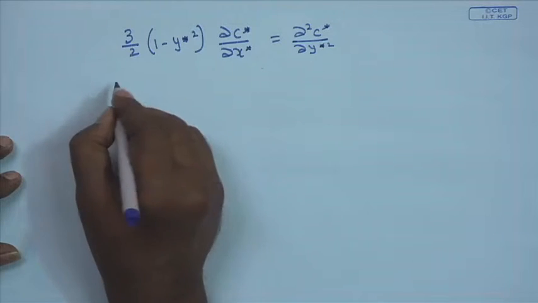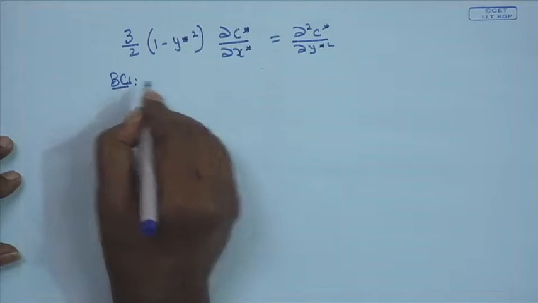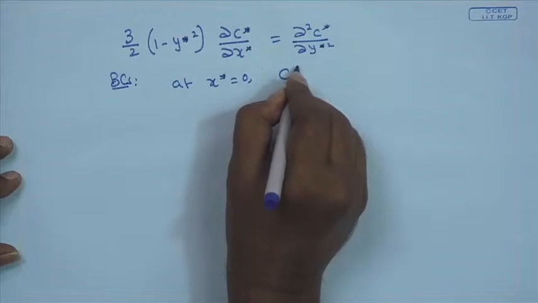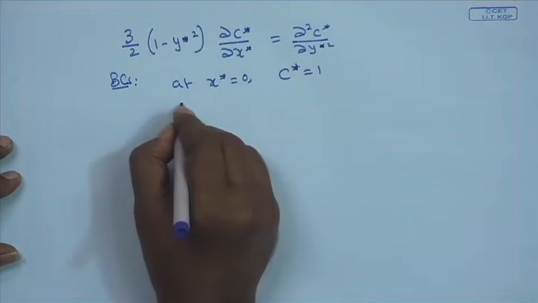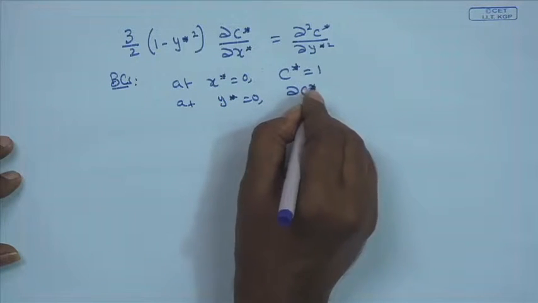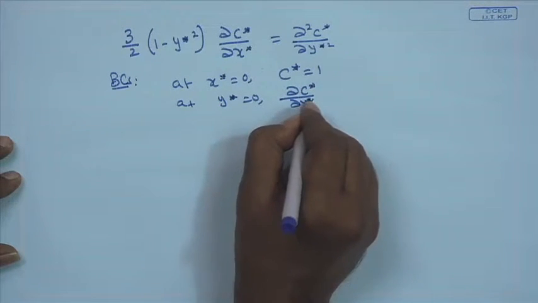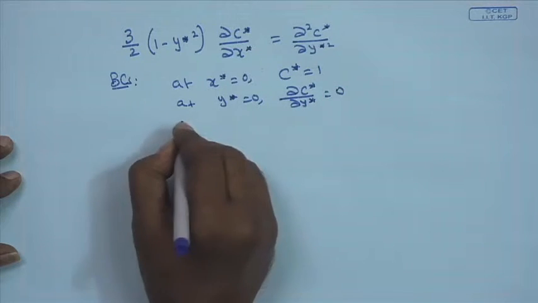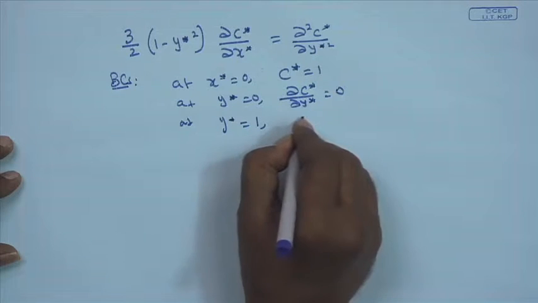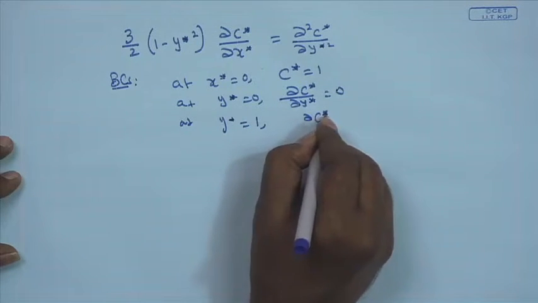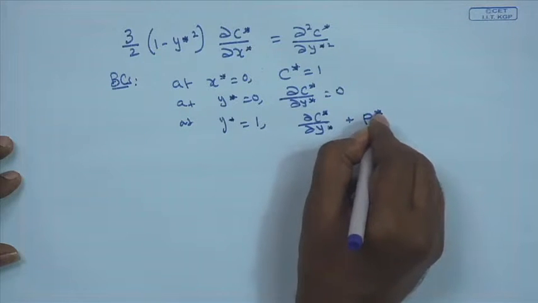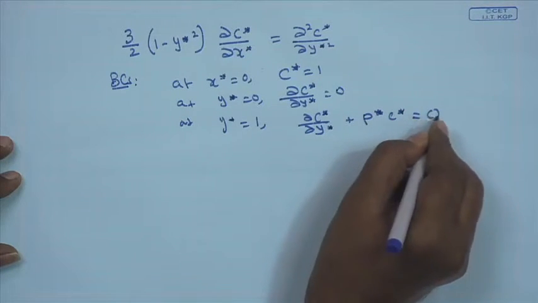The boundary conditions become: at x star equal to 0, c star is equal to 1; at y star equal to 0, ∂c star/∂y star equal to 0; and at y star equal to 1, we have ∂c star/∂y star plus P star c star equal to 0.